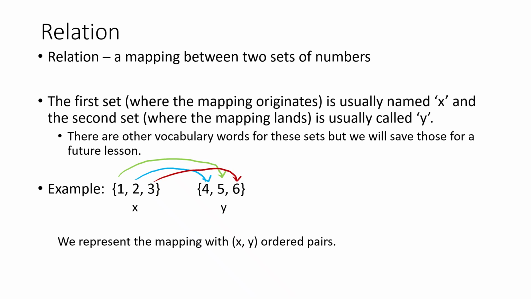And we will represent the mapping with XY ordered pairs, which if you've studied algebra at all, you've probably encountered your ordered pairs. So we would look at this, the number 1 mapped over to the number 5. Okay, we just kind of follow the mapping, the number 1 mapped over to the 5.